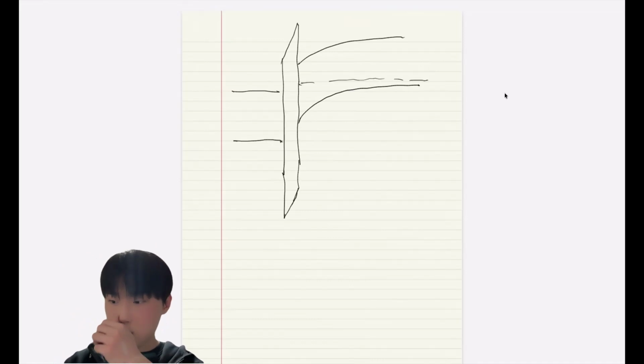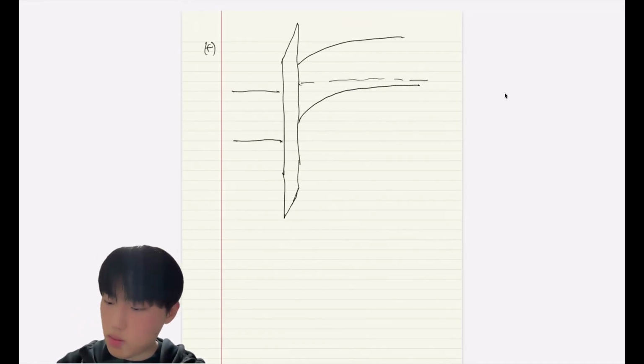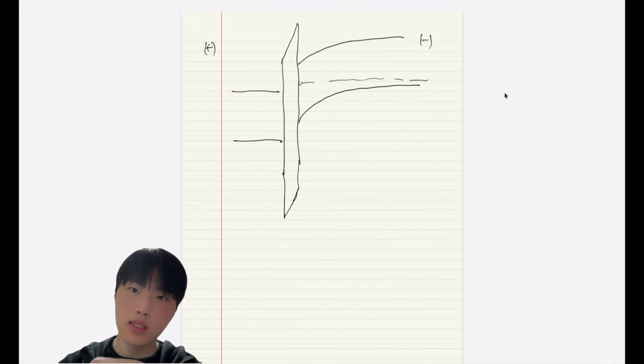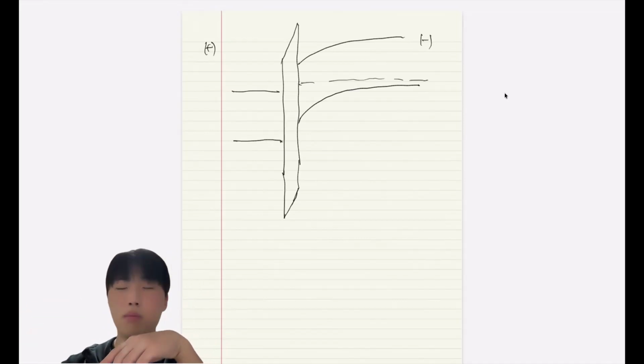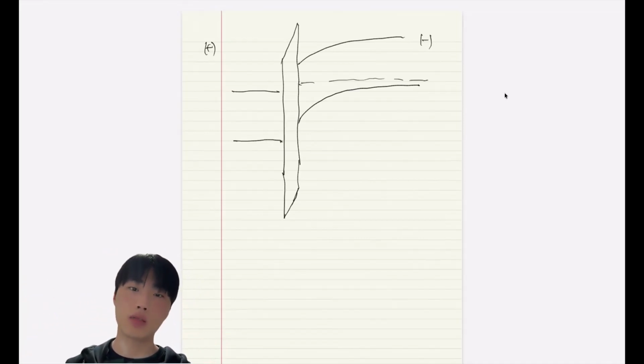So this is the energy band diagram at the plus bias on the gate side and the minus bias on the body side. At the minus bias, the part of the energy band diagram goes higher. So let's look at the difference between the Fermi level and the valence band.